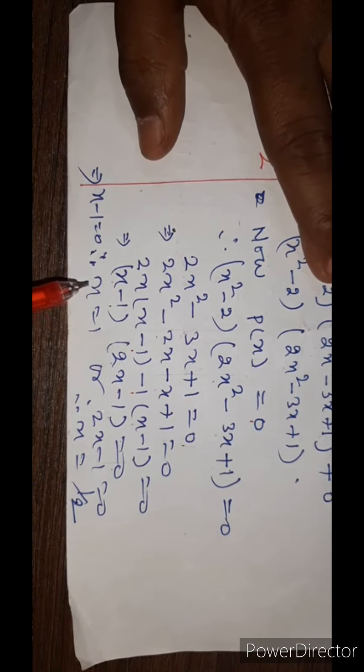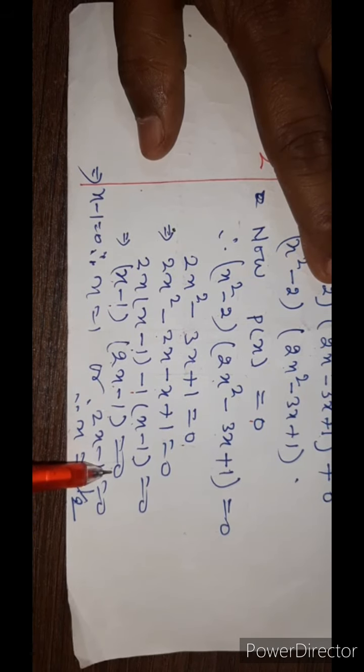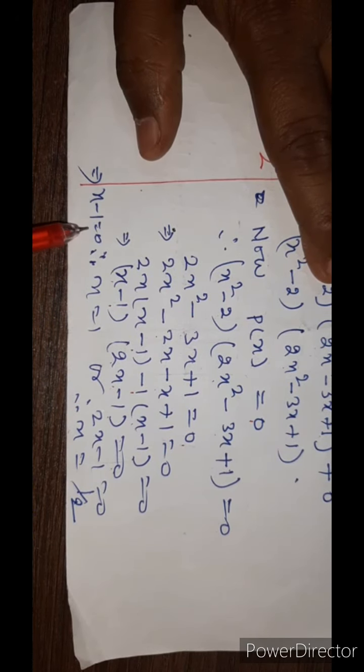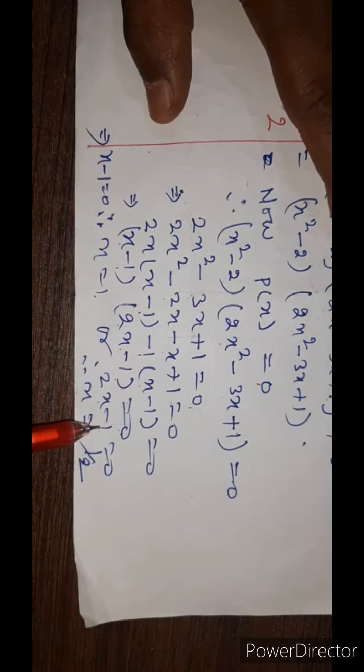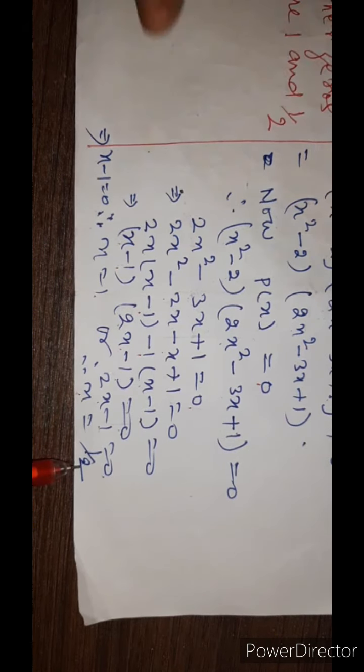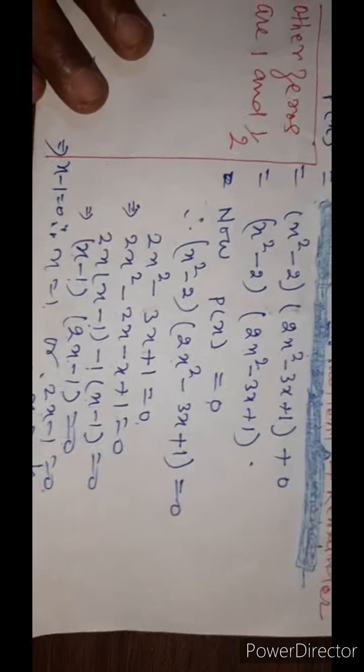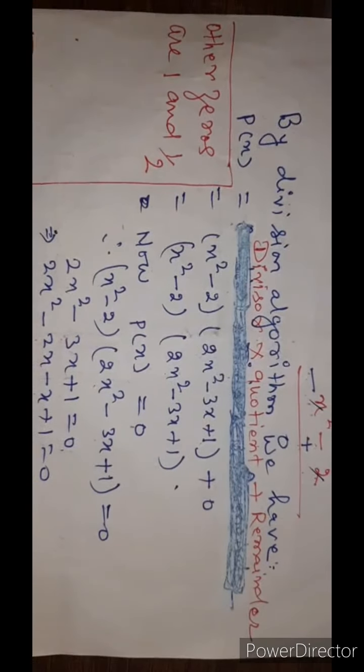You have to equate each factor to 0, then x minus 1 equal to 0, therefore x equal to 1, or 2x minus 1 equal to 0, then x will be 1 by 2. Here student, we have two zeros.